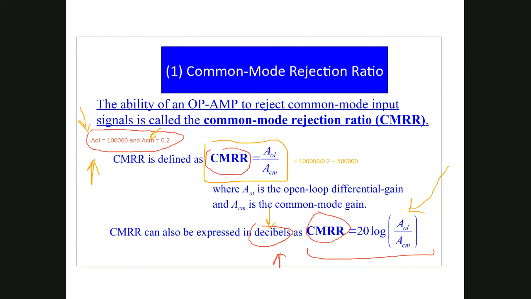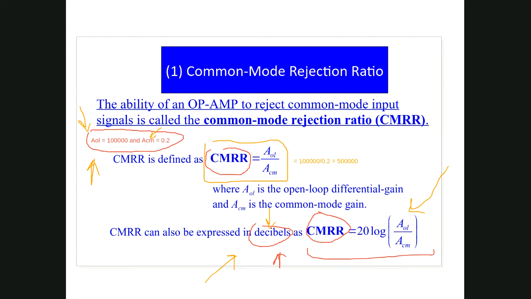Let us see the answer of the same question in decibel. We have a formula on the screen that will tell you the CMRR in decibel. So what is the way to write it? Equals to 20 log 500,000.